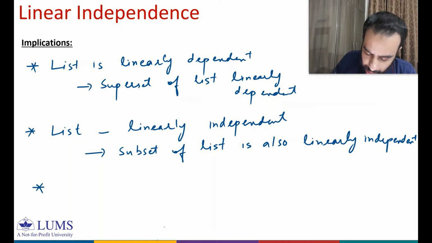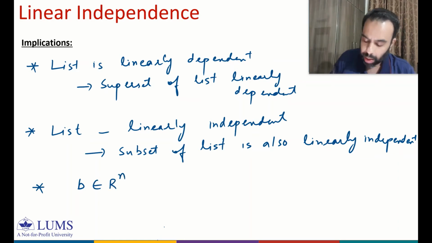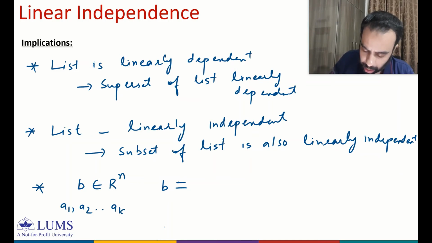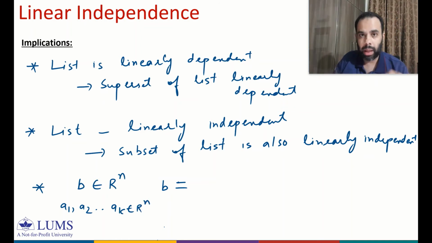Say you have a vector b that belongs to Rn, and you have a collection of vectors a1, a2, ak that are also in Rn, and this vector b can be represented as a linear combination of these k vectors.